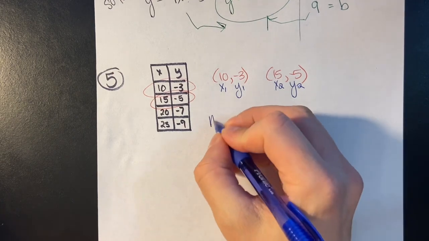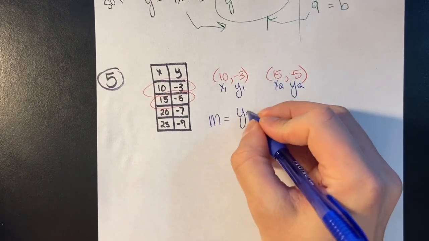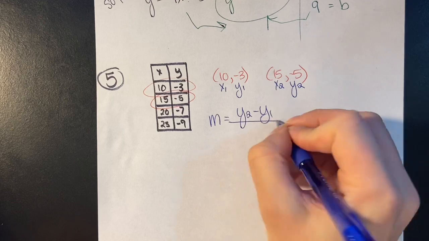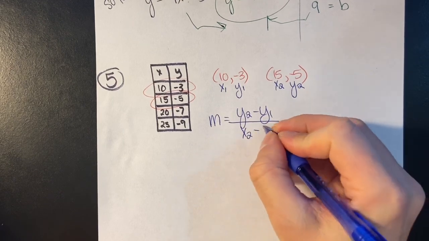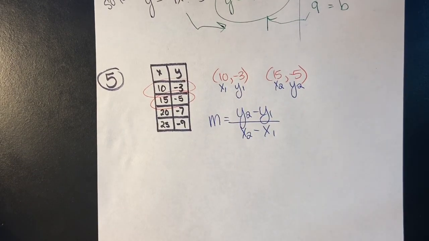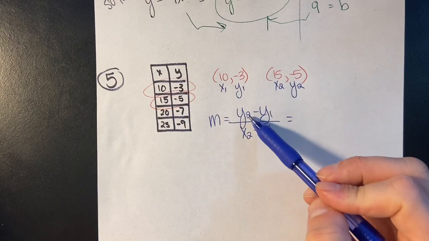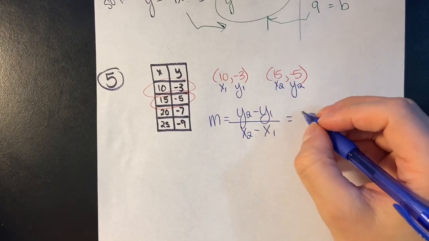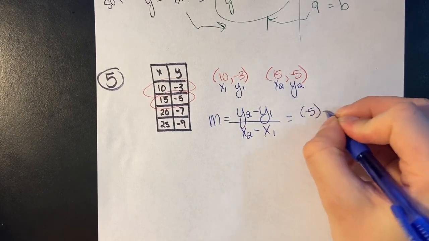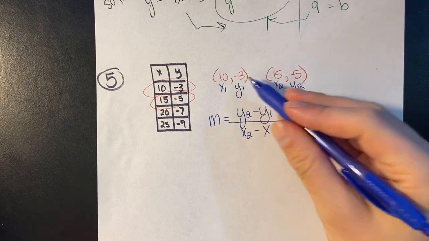Our slope formula is m equals y sub 2 minus y sub 1 over x sub 2 minus x sub 1. I called y sub 2 negative 5. So negative 5 minus, I called y sub 1 negative 3.